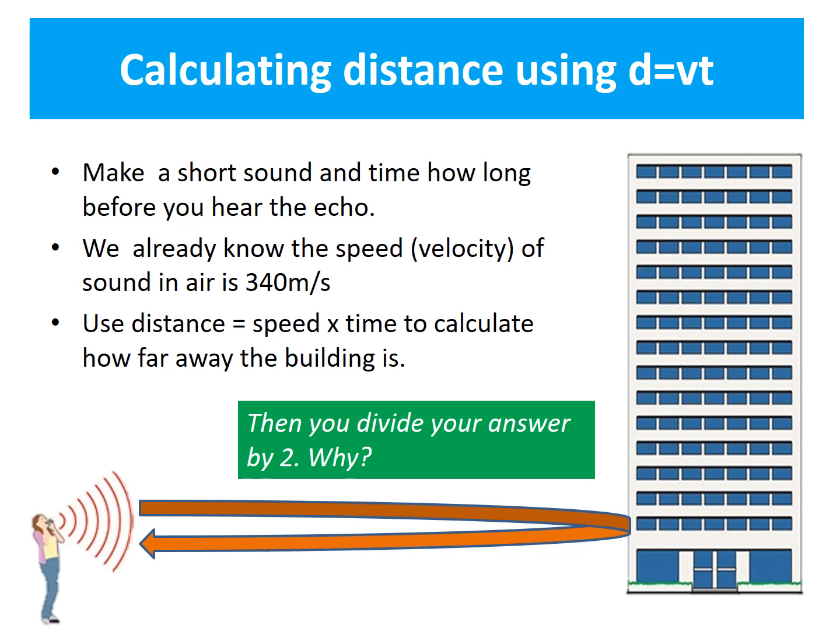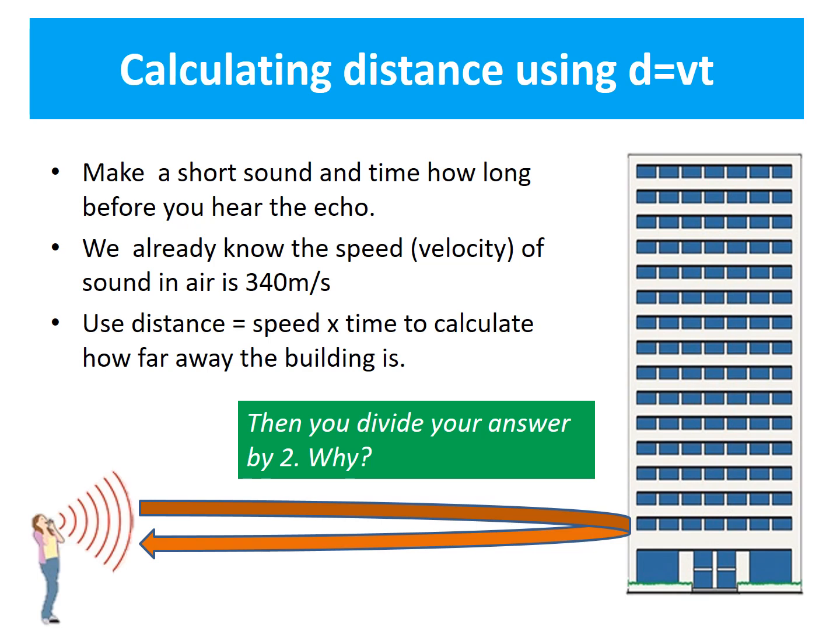So if I yelled echo, I time how long it is from when I said it to when I actually hear that echo bouncing back. We know the speed of sound in air is 340 meters per second. We learned that in a previous lesson. So we can use what we already know, the speed of sound in air of 340 meters per second, to work out the distance away.